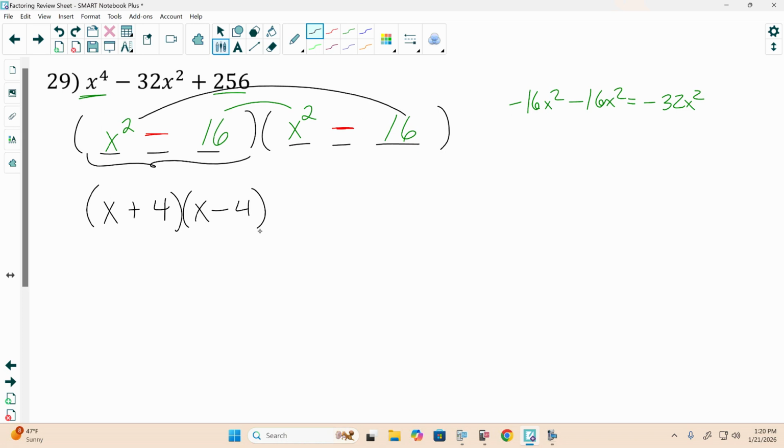What's the other expression? X squared minus 16, which means it will also factor to x plus 4 times x minus 4. Yep. Interesting. But that's it for those.